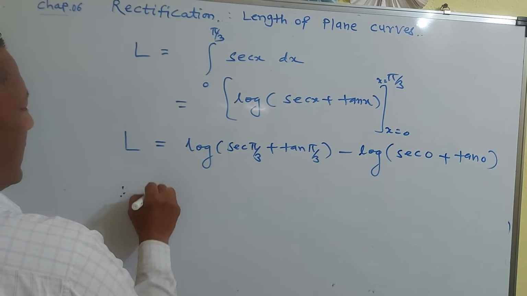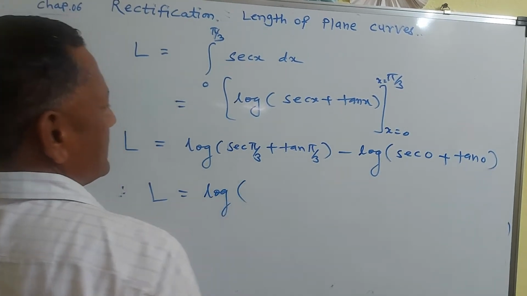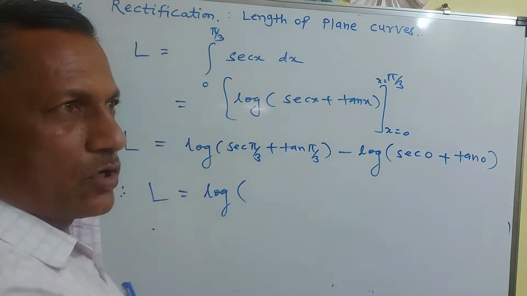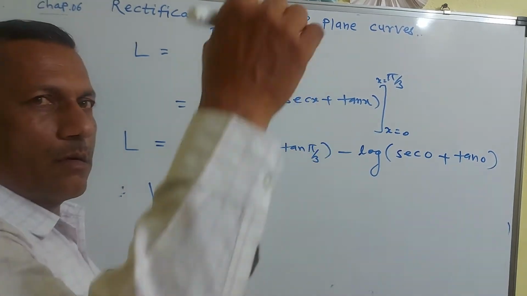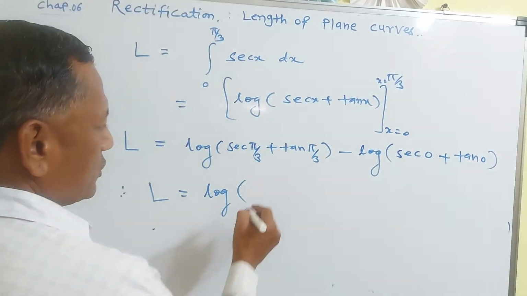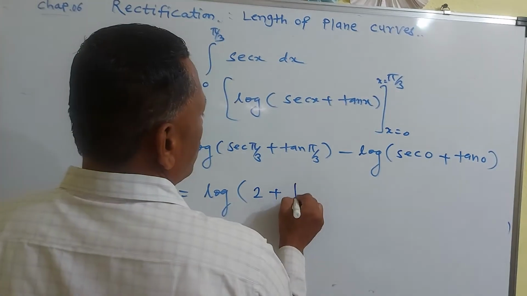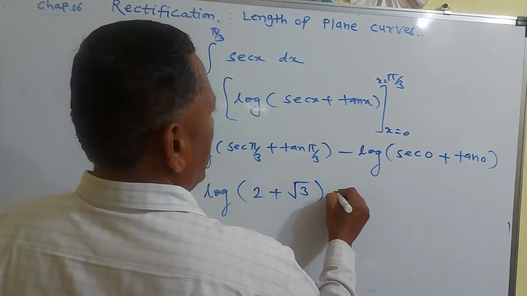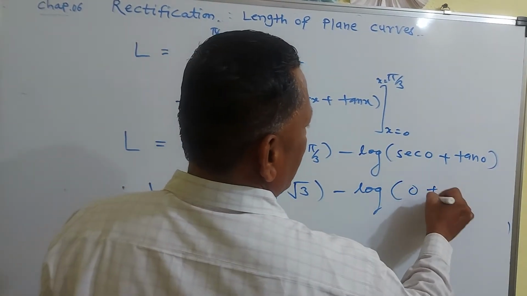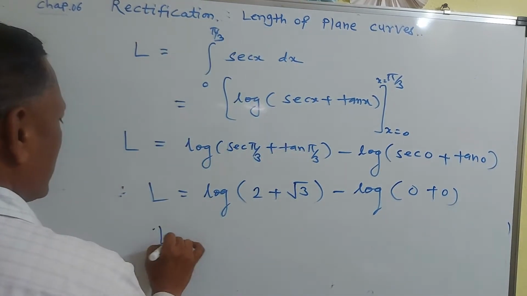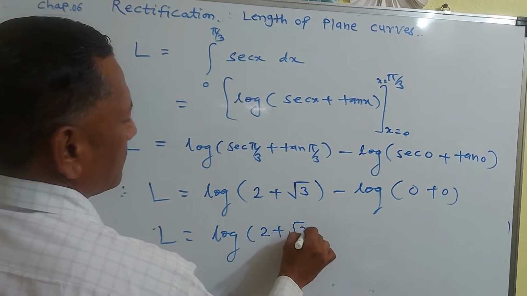So the required arc length is log of sec pi by 3, sec x means 1 upon cos x, cos pi by 3 is 1 upon 2, so this is 2, plus tan pi by 3, root 3, minus log of sec 0, which is 1, and tan 0 is again 0, so this is 0. Therefore the required length L is equal to log of 2 plus root 3.